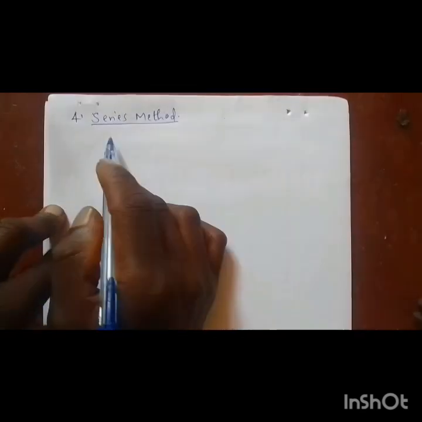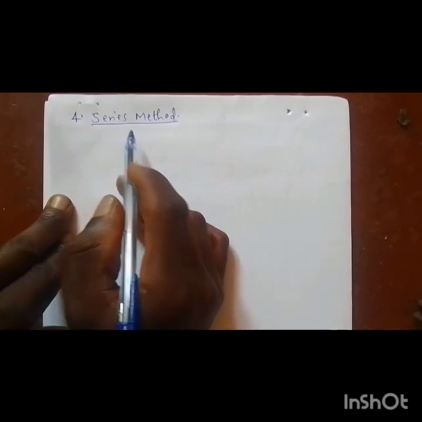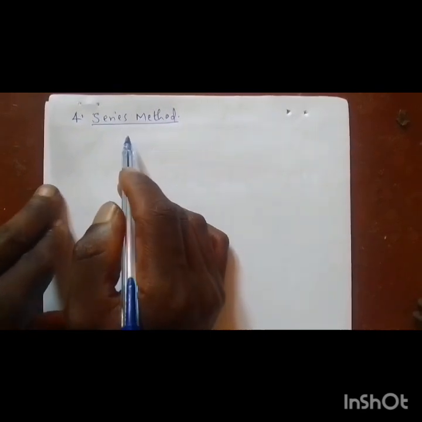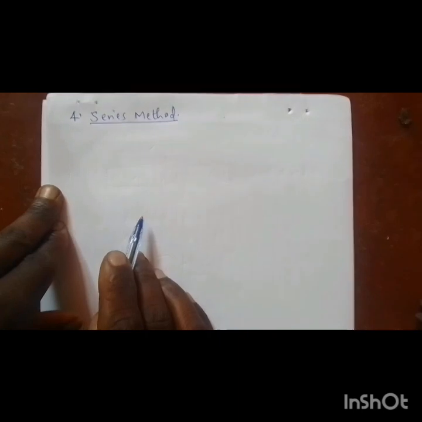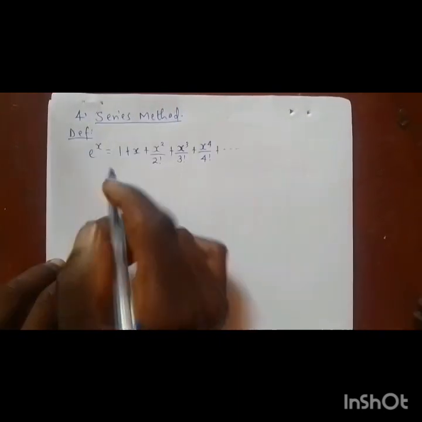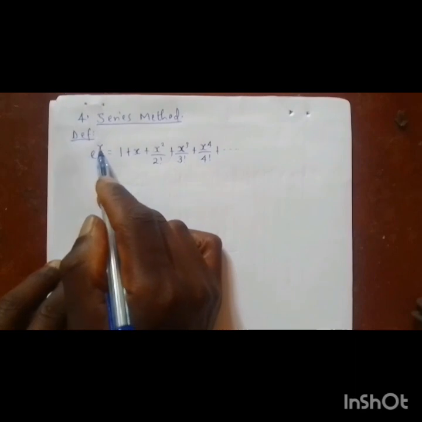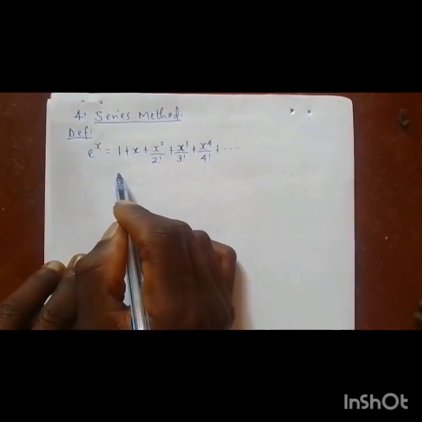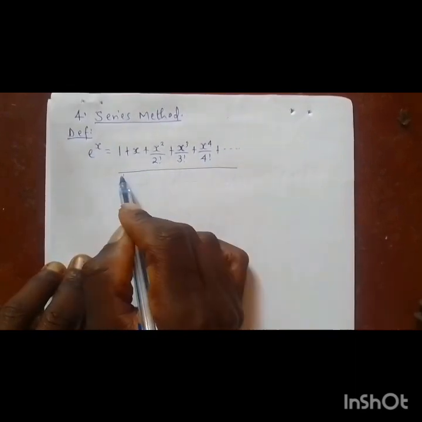Right, the fourth method of solving hyperbolic functions is the series method. By definition, e raised to the power of x is expressed in this form.